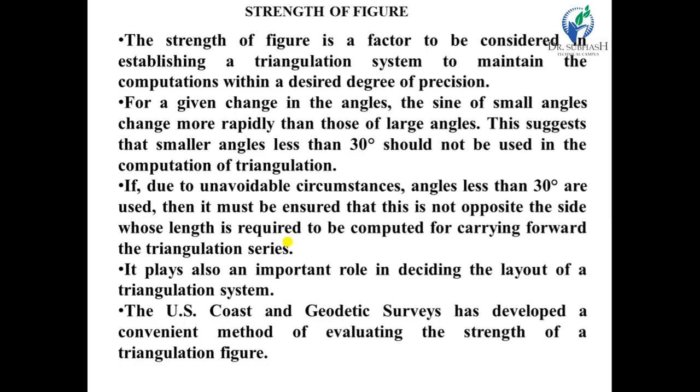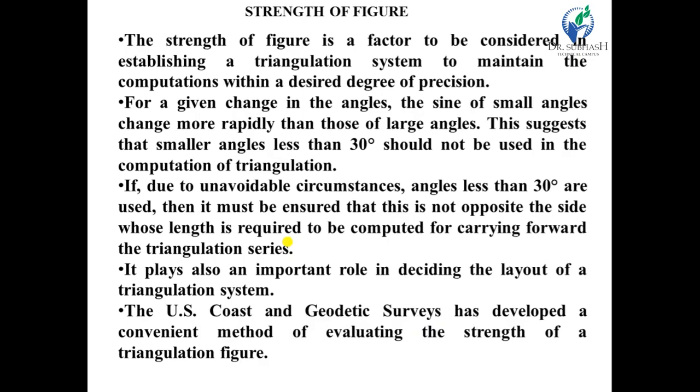Strength of figure is a factor to be considered in establishing a triangulation system to maintain the computation within the desired degree of precision. For a given change in the angles, the sines of small angles change more rapidly than those of large angles.